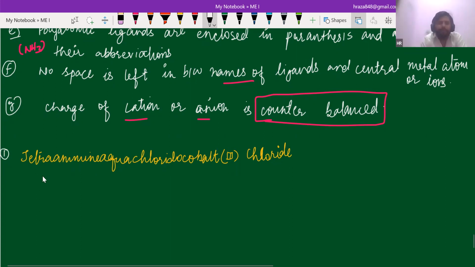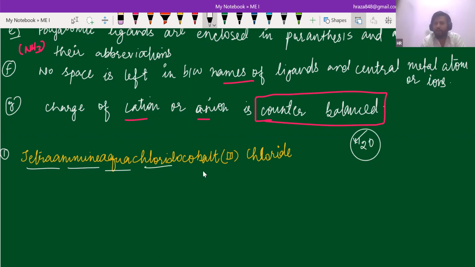Now see what you are going to do. Tetraamine, that means it is a ligand. Aqua is H2O, and chlorido is also a ligand. Cobalt(III): cobalt is the central atom, so I list it first, and then alphabetically write the ligand names. Tetraamine means NH3, tetra meaning four times.